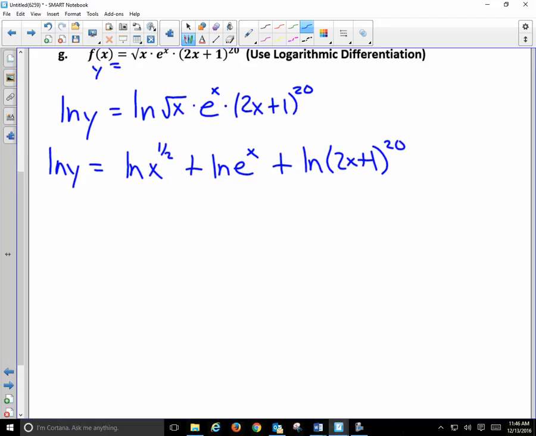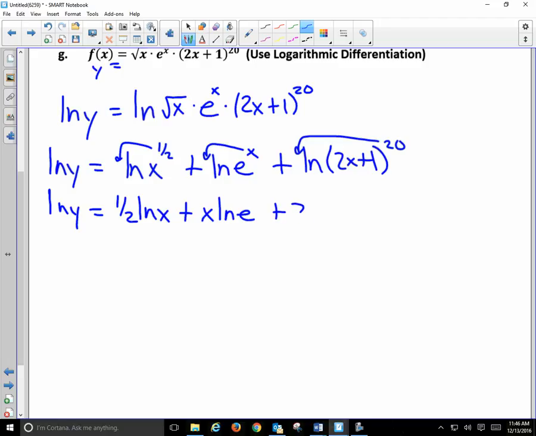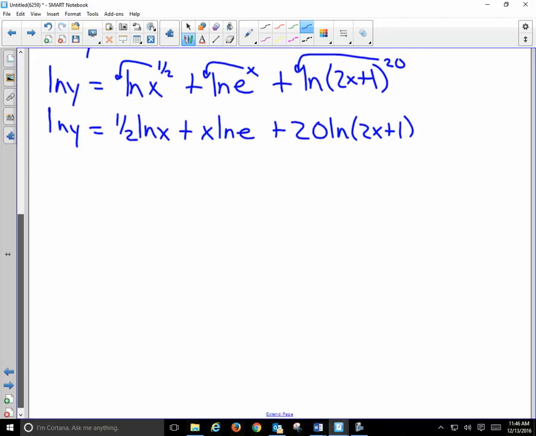And now, what can we do? Yeah, put the exponents up front. So I have not taken the derivative yet. I still have the natural log of y on the left-hand side. What is the natural log of e? 1.